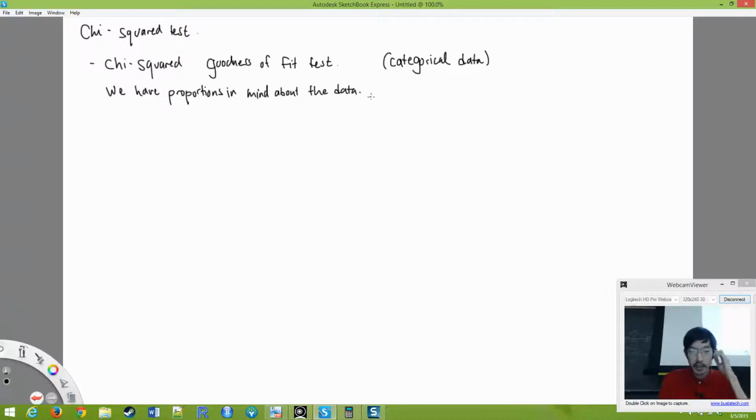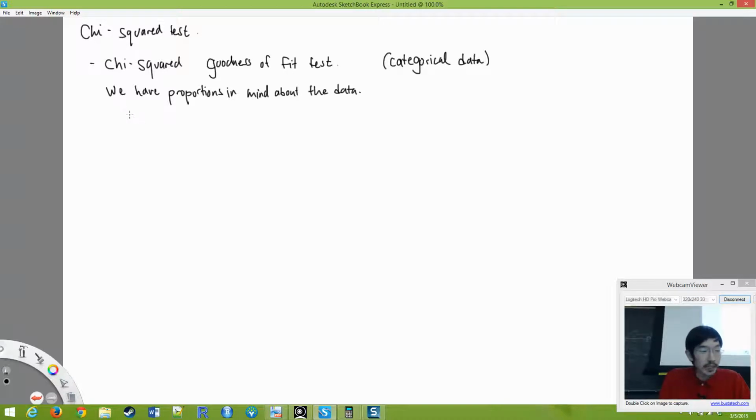Generally we have more than two categories, but you can use a chi-squared goodness of fit test with two categories or more. It doesn't matter.